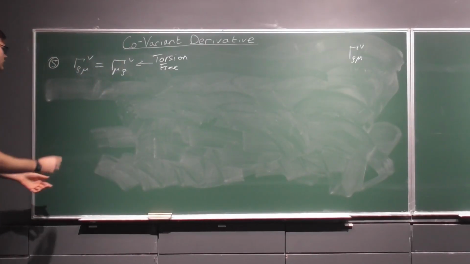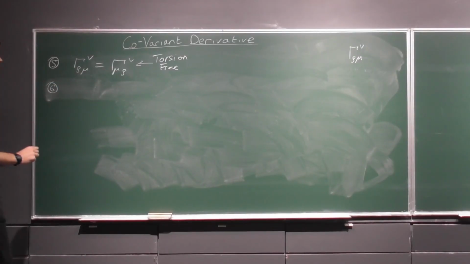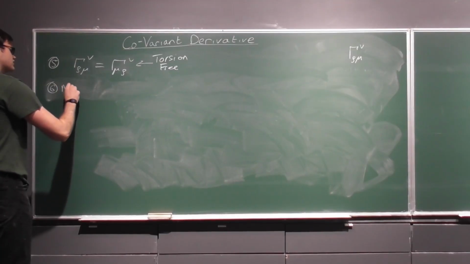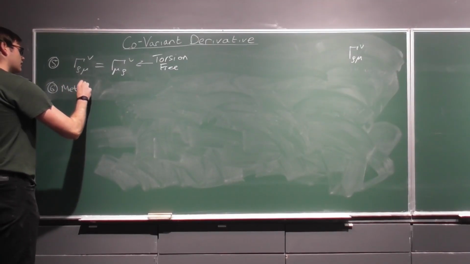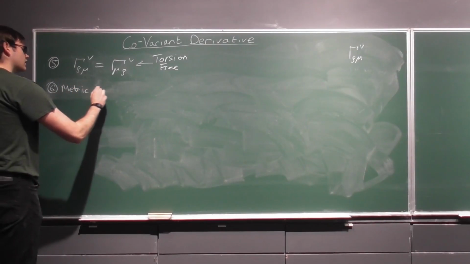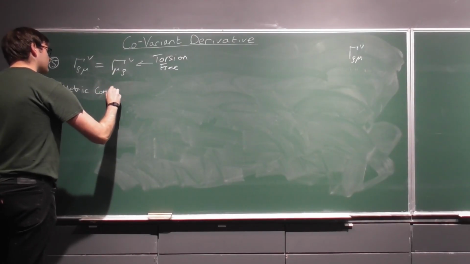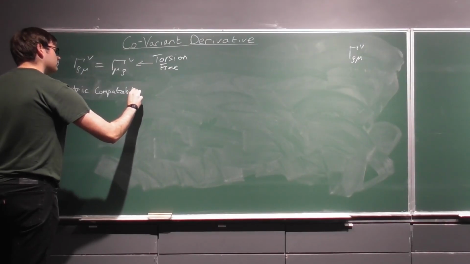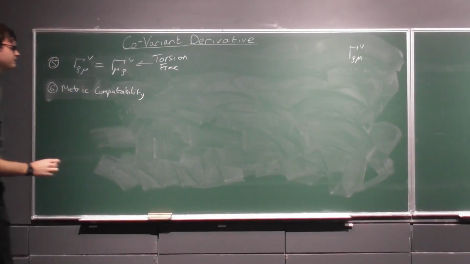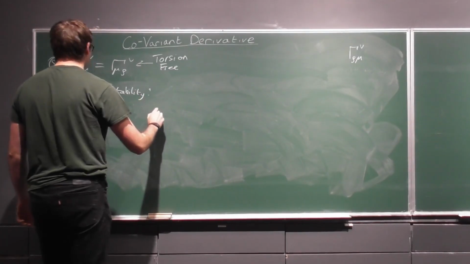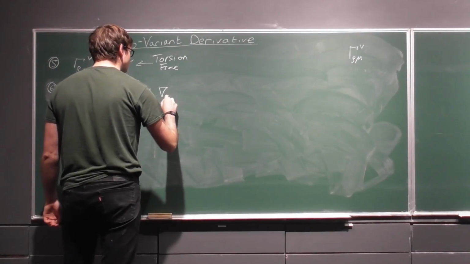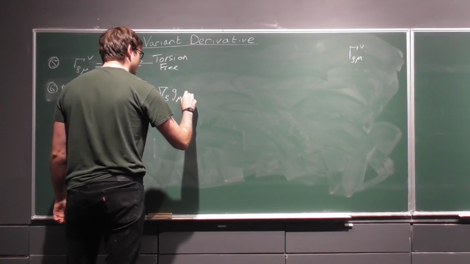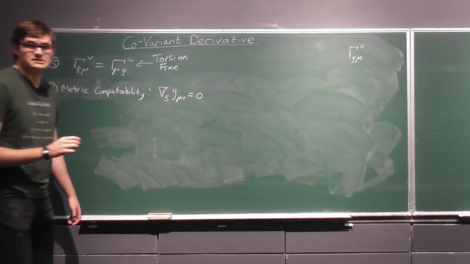Okay, and then we're going to do one more. This is condition 6, and it's called metric compatibility. This says that if I take the covariant derivative of my metric, I want that always to be 0.